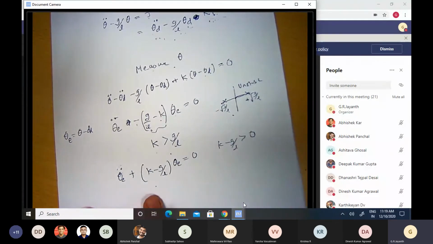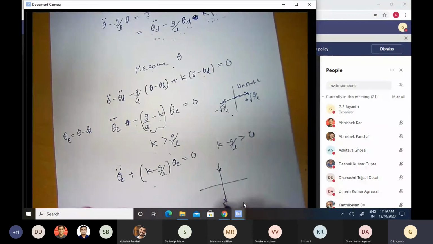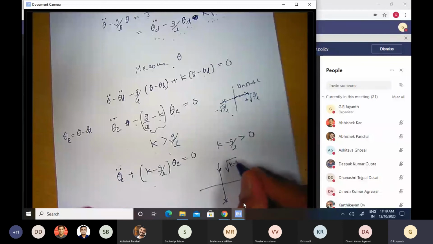But if I choose k to be greater than g by L, what will happen? Then my poles will be on the imaginary axis. It will be I times square root of k minus g by L, and minus I times square root of k minus g by L.